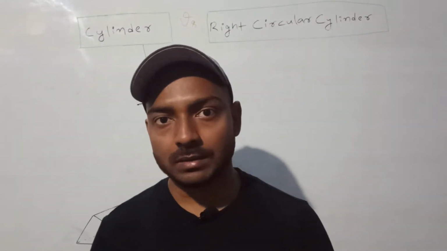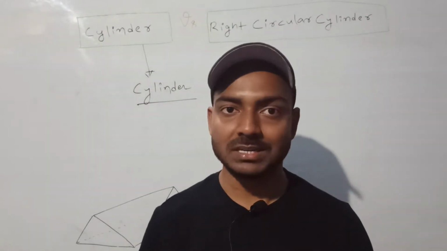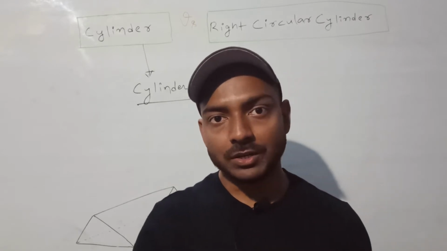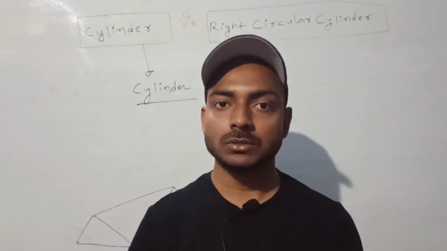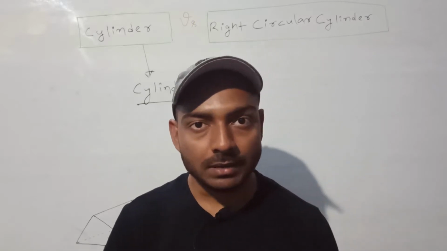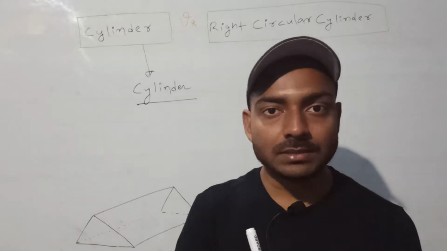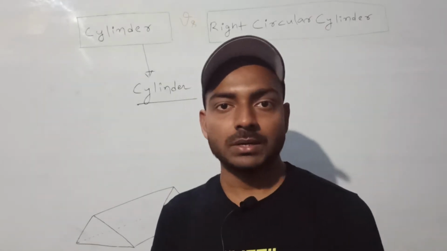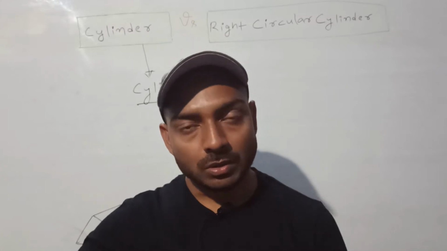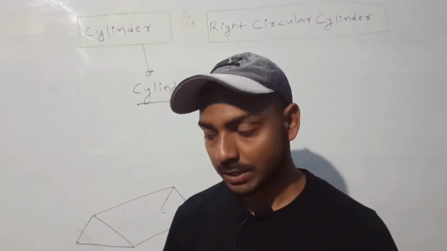A cylinder is nothing but a solid which has a uniform cross section throughout the length of the solid. I am repeating again, a cylinder is nothing but a solid whose cross section is uniform throughout the length of the solid.